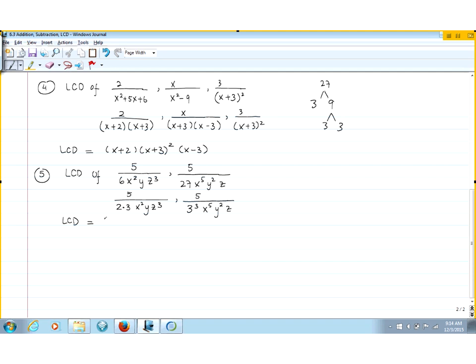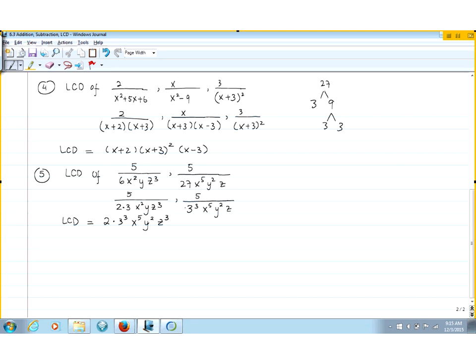Now, what is the LCD? 2. Right? Okay. 3. What is the highest exponent for 3? 3. Okay. x to the what? Fifth. y squared.